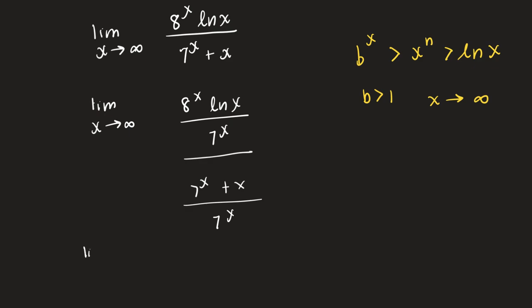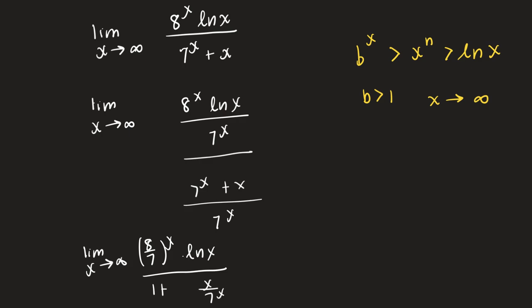The limit as x approaches infinity. For the main numerator, I'm going to rewrite that 8 to the x over 7 to the x as 8 over 7 to the x times ln of x. And in the main denominator, I'm going to divide each term by 7 to the x. So 7 to the x over 7 to the x is going to give me 1 plus x over 7 to the x.